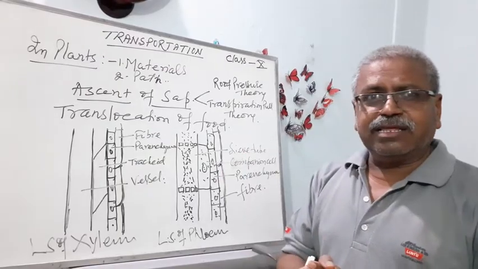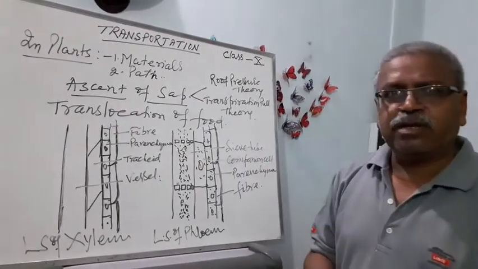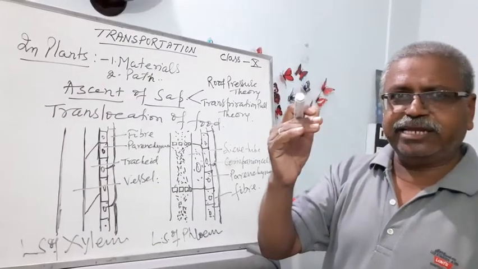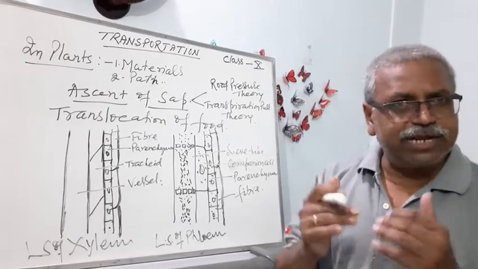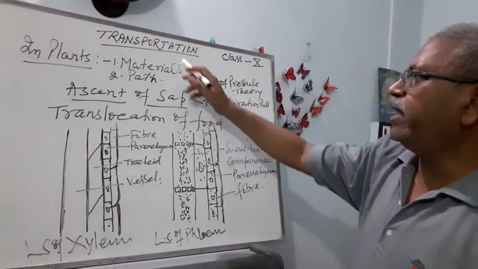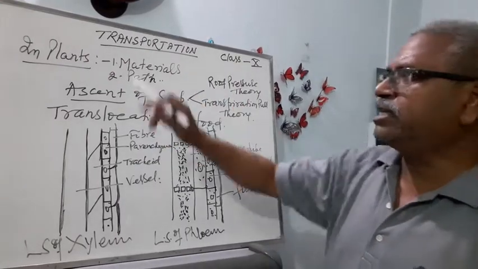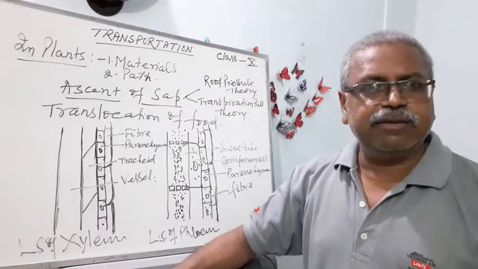The water along with the food moves in mass from the source to the site of consumption, which is known as the sink site. And in this way, transportation of the materials occurs in plants.